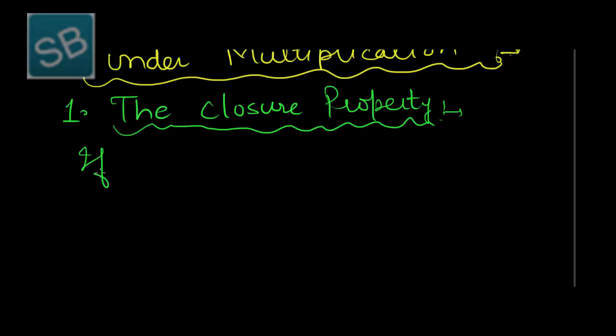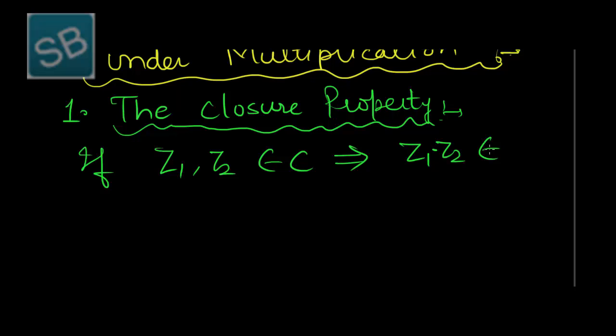If Z1, Z2 belong to complex numbers, which implies their product belongs to complex numbers, then the closure property holds.